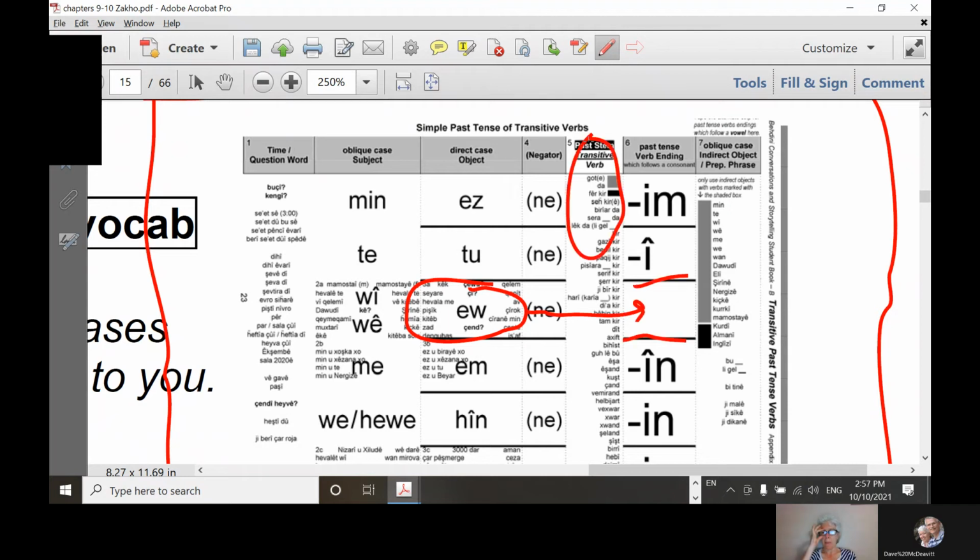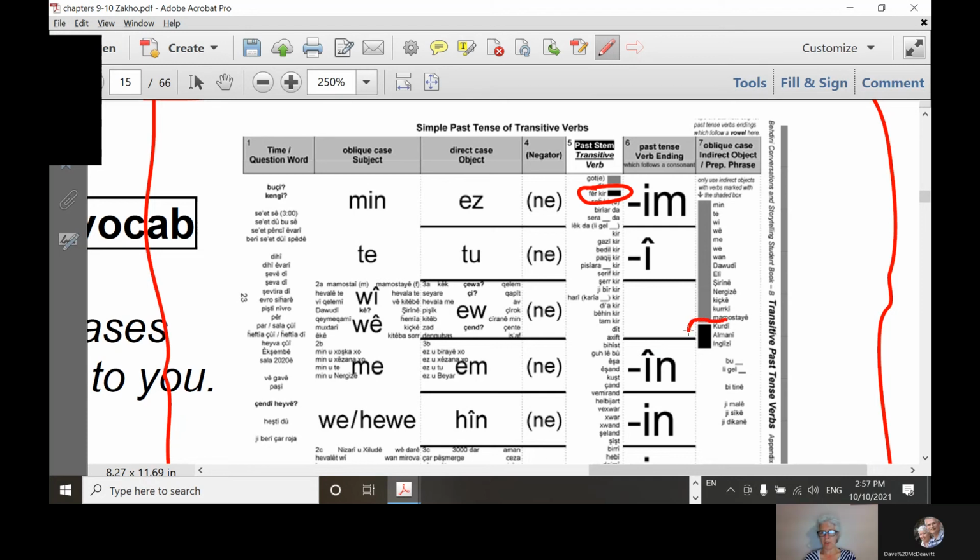Now, with a few verbs, whenever you use gut or da, that's a gray box, then you could potentially have an indirect object or prepositional phrase that goes with that verb, and that goes after the verb and the verb ending. If you're going to use fed kid, you're going to use that black box clue.